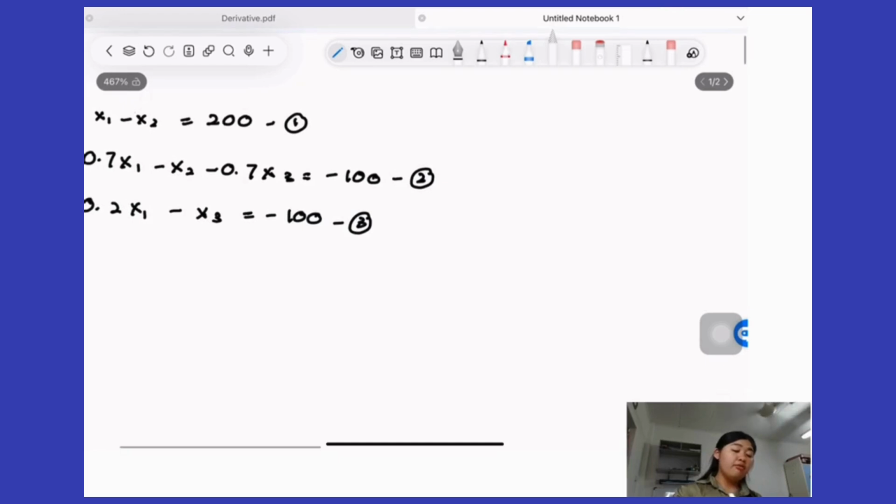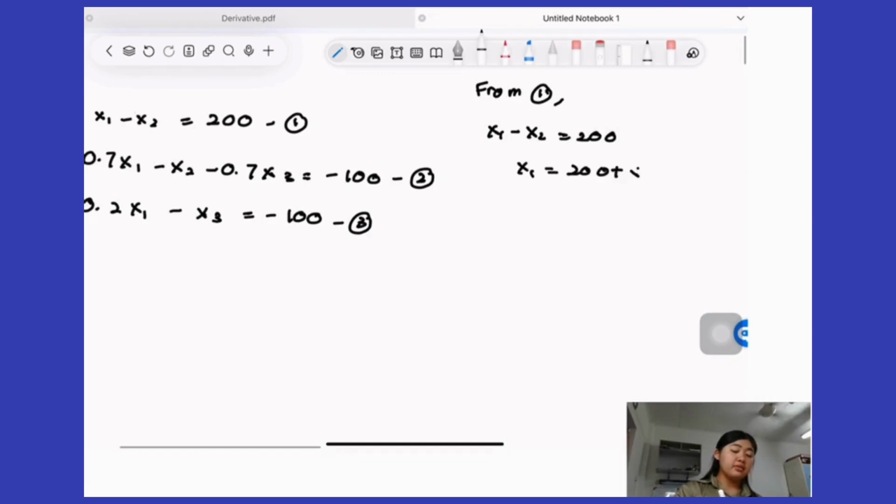So now from equation 1, x1 minus x2 equal to 200, then x1 is equal to 200 plus x2, and this will be equation 4. Then I'm going to sub equation 4 into equation 3.